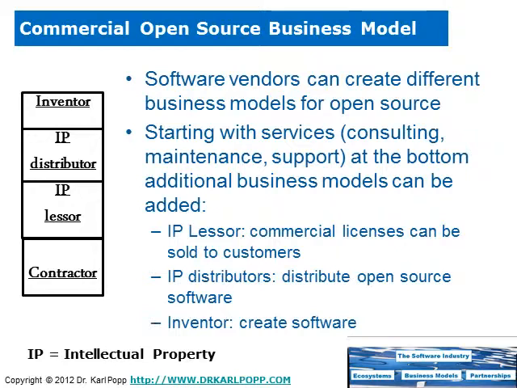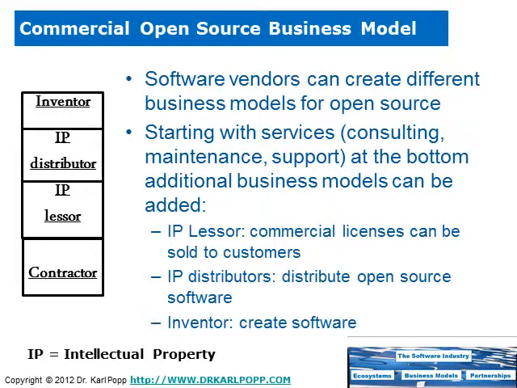With commercial open source business models, we're basically leveraging the four typical business models in the software industry to look at different combinations of these business models. Usually software companies take one or more of these different business model types.